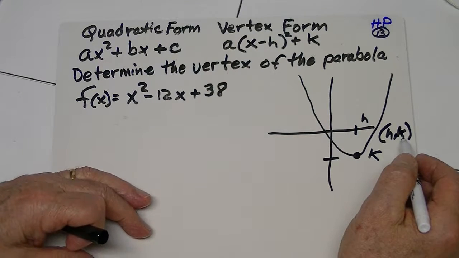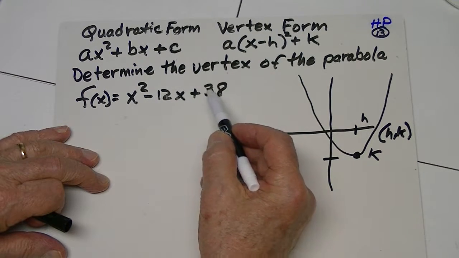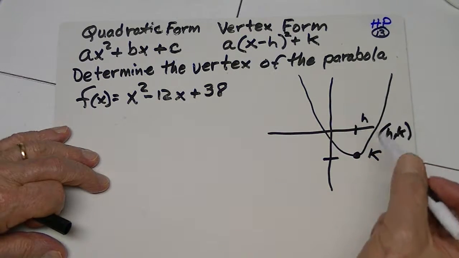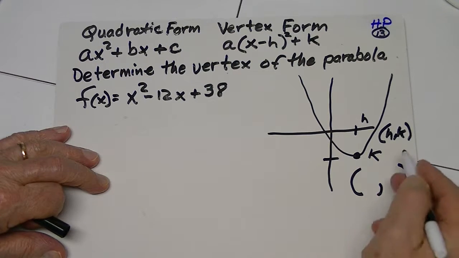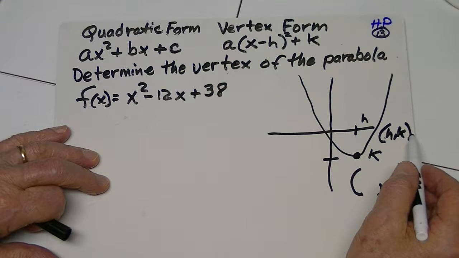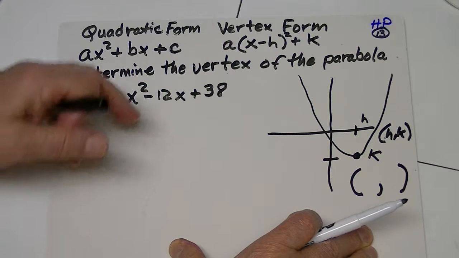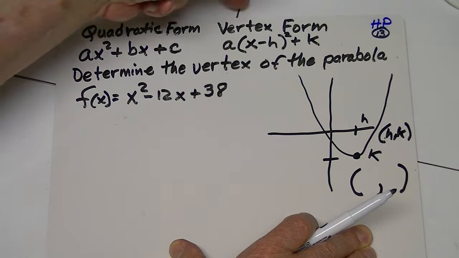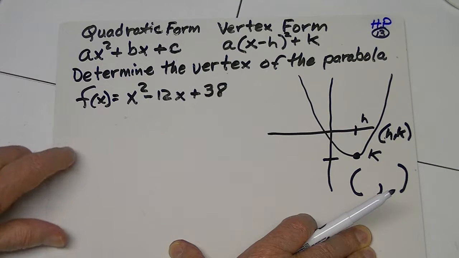Now, what we're asked here is, based then on this formula, the quadratic form, we want to find what are the coordinates of the vertex. What would be h and k? Well, we have a way of doing it, and for this we convert the quadratic form into the vertex form. And this is done through a process of completing the square.